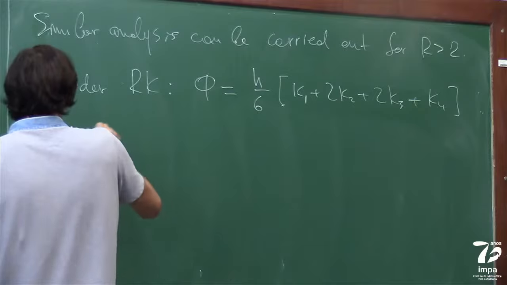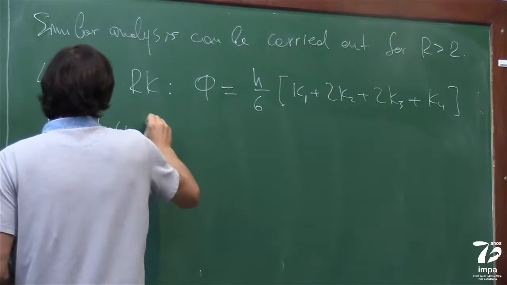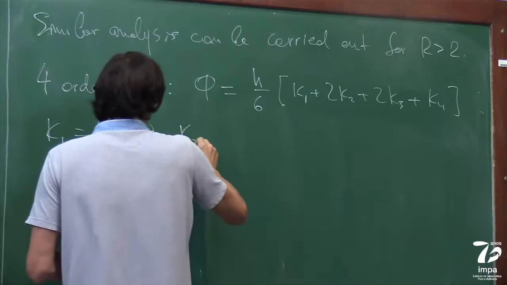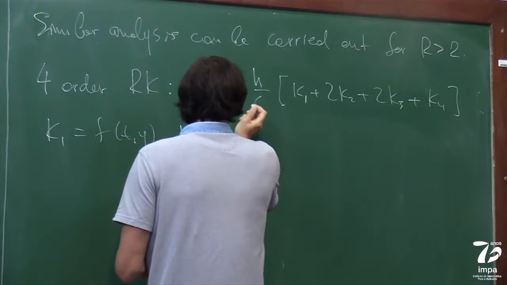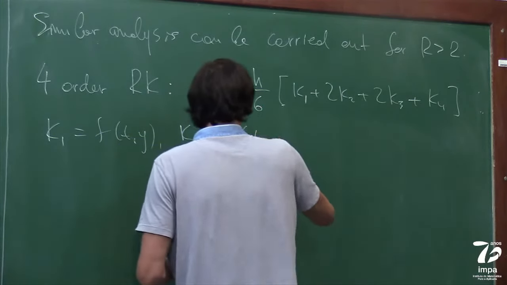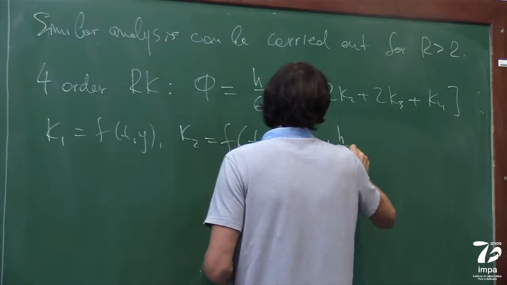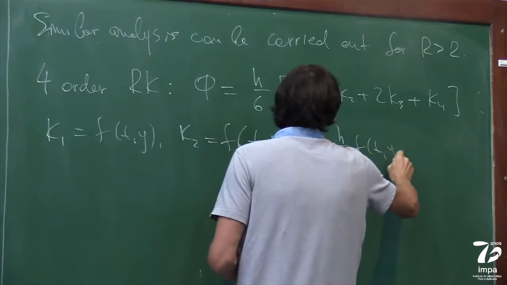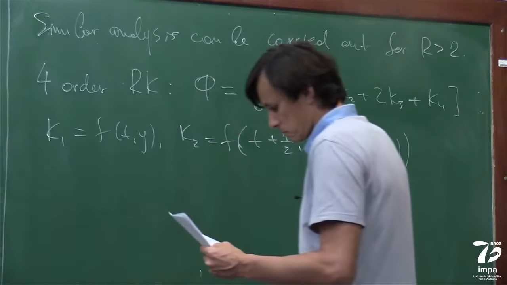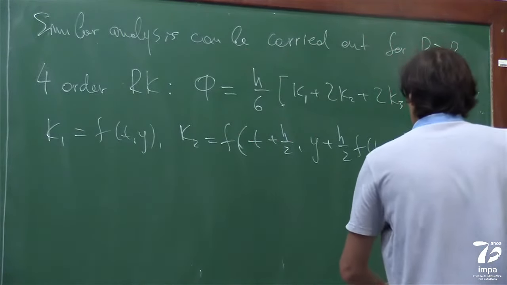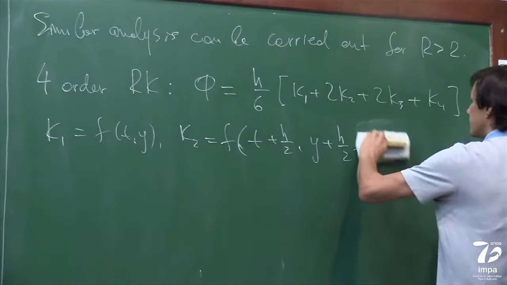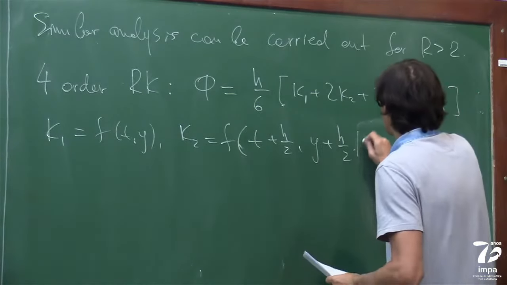K1 is f, k2 is f at half step, this is K1, right?